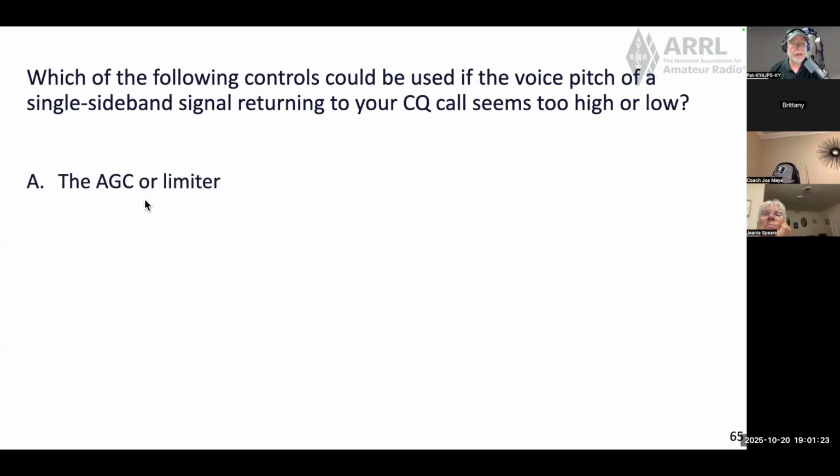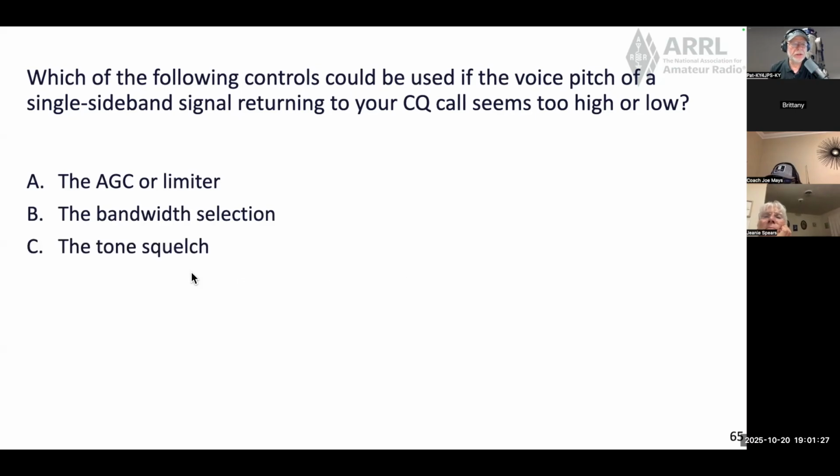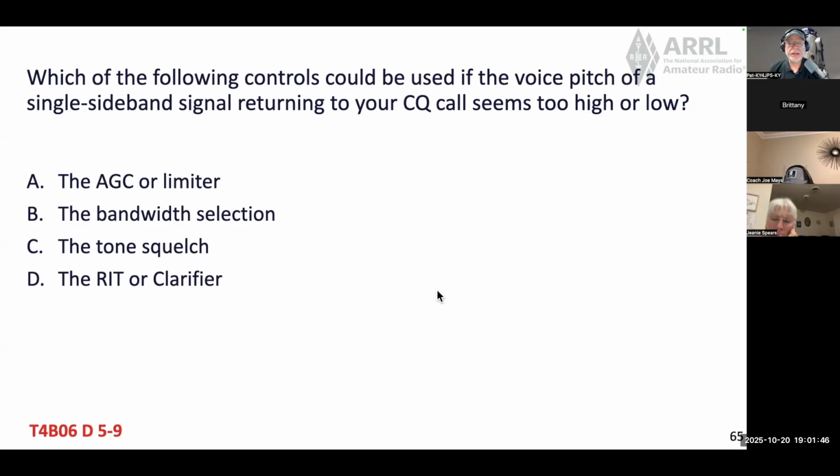Would it be the AGC or limiter, the bandwidth selection, the tone squelch, or the RIT or clarifier? So we're talking about clarifying the voice of that signal coming to you. So the way I remember it, it's D, the clarifier. So the answer is D on that one.